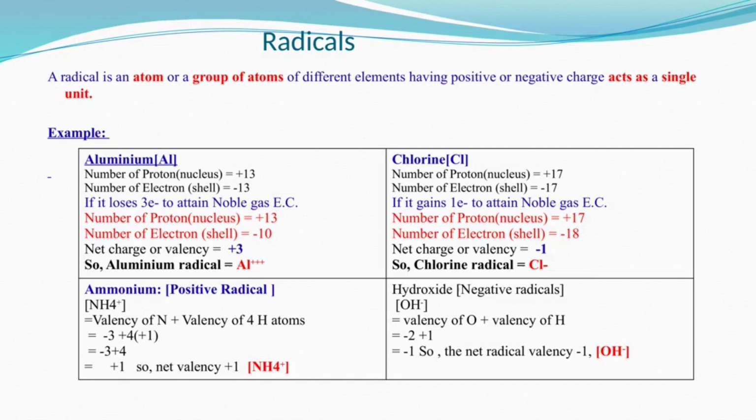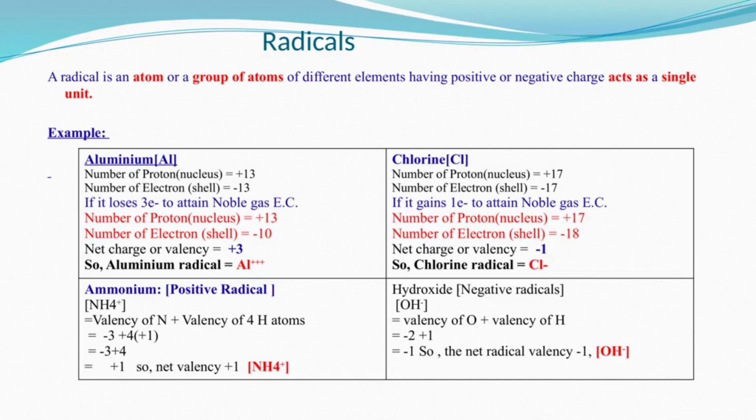Now some examples of radicals and how they have acquired the positive or negative charge are explained here. The definition I have already explained. For example, for a single element radical, that is a simple radical, like aluminum and chlorine.